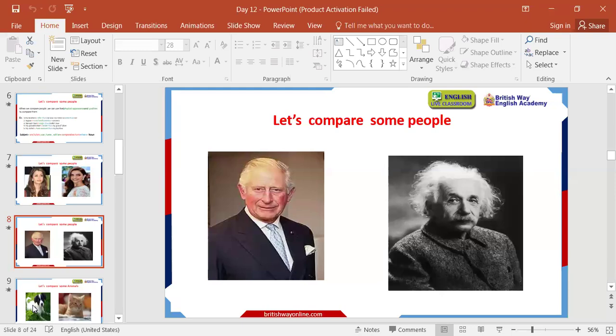Albert Einstein was more intelligent than Prince Charles, and Prince Charles is more royal and traditional than Einstein. Einstein became more famous for his scientific work, and Prince Charles is more involved in politics and leadership.